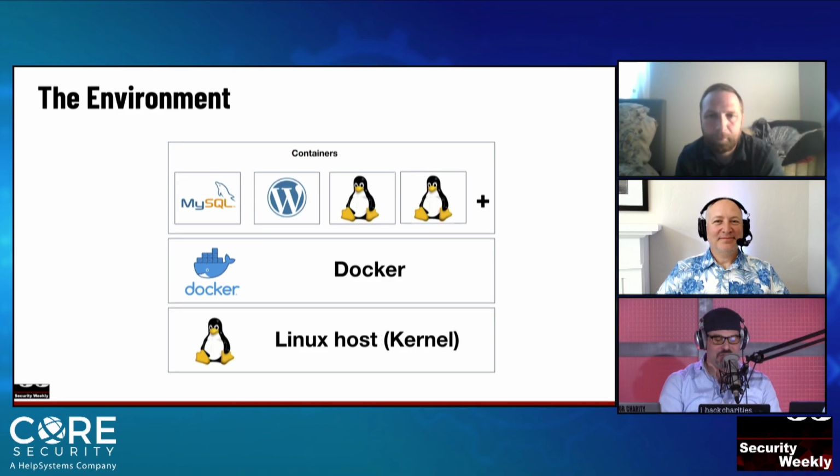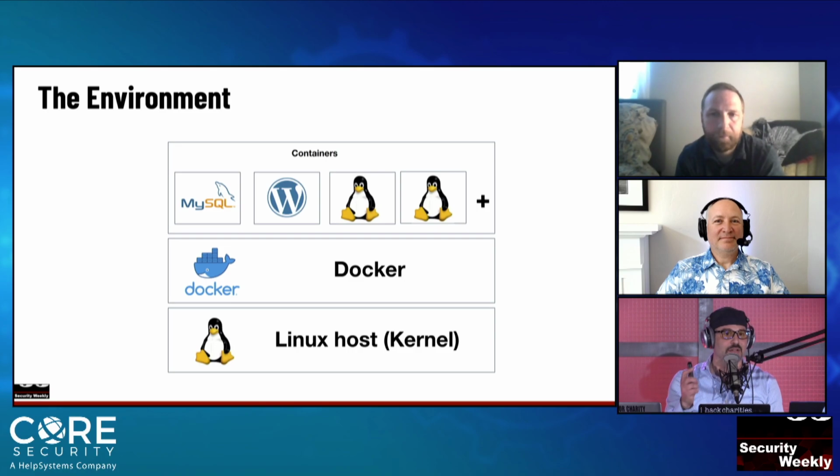We also have a MySQL server that's part of the WordPress environment, and you could have other Linux containers as an example. So I've got all of this software running inside of containers, WordPress, a database, and two or more other containers running in my environment on top of Docker, which sits on top of a Linux host and kernel.